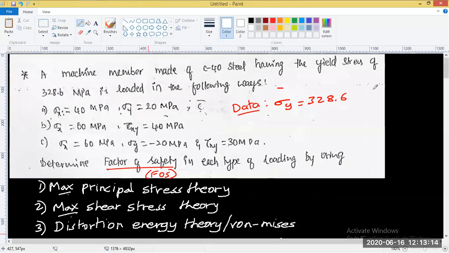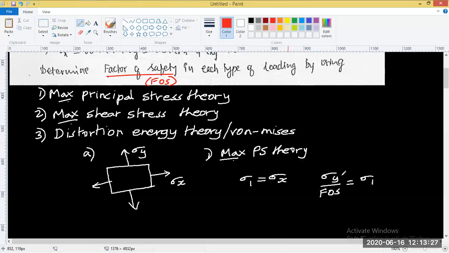So sigma y, I'll change this to yt. Here y means yield stress or yield tensile stress, sometimes it is called. So let's write yt over here. Don't get confused. Sigma y is axial, but it is yt. So this sigma y is different and sigma yt is different.